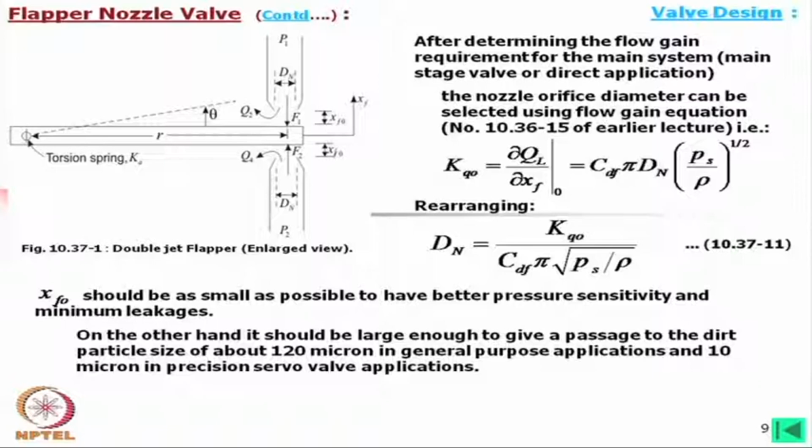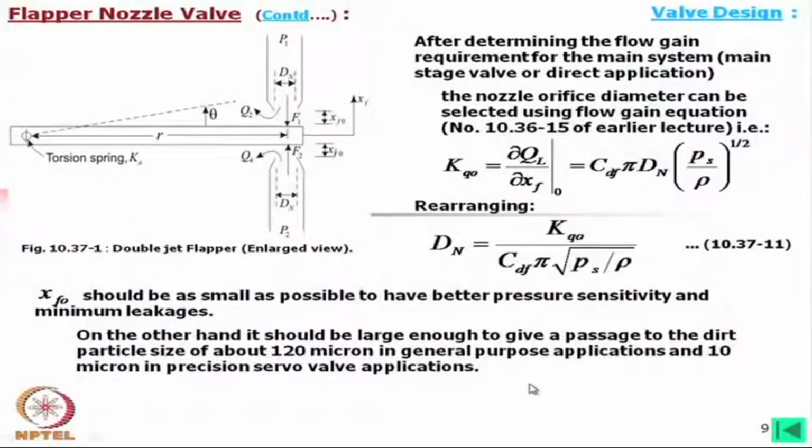You can understand 120 micron particle size means the filter we have used is a mesh of wire, and the diagonal length probably is of that size, 120 micron or so. But in the case of a servo valve, where we are doing servo applications, this gap is very small.